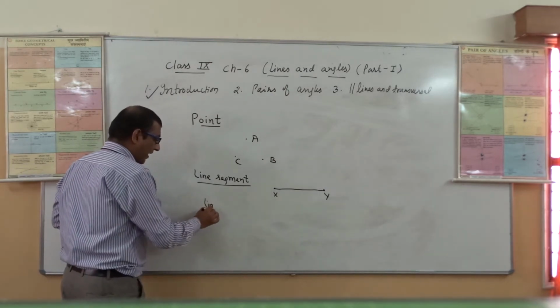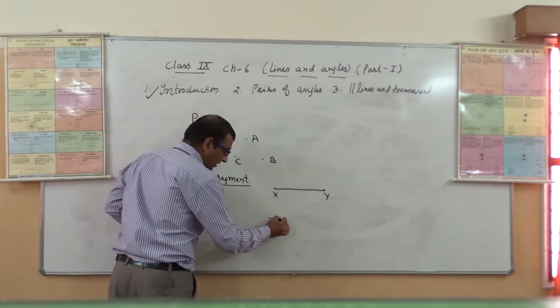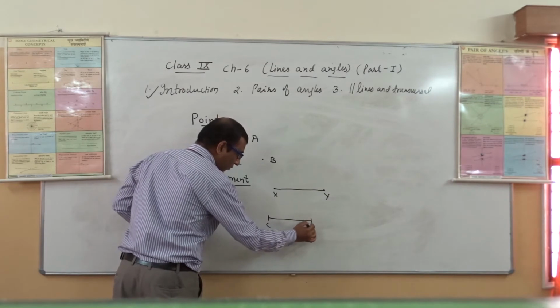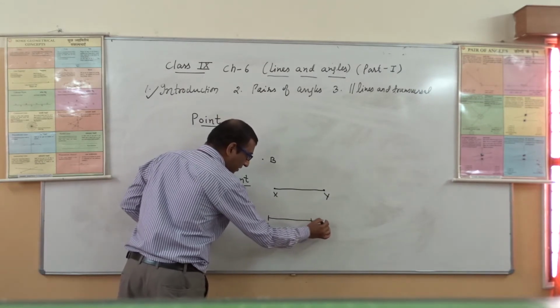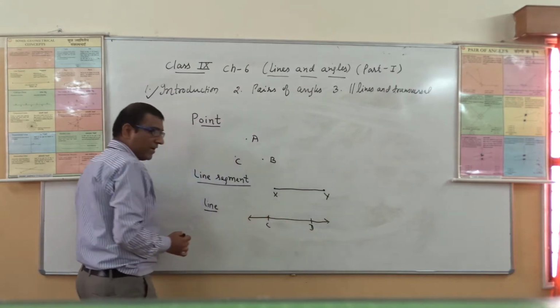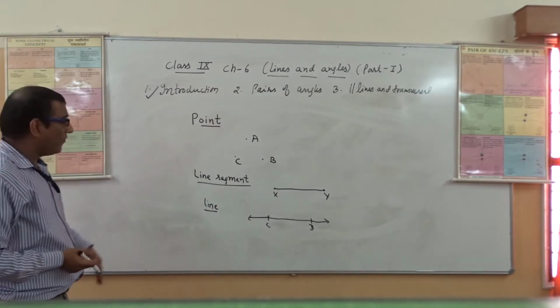Then what is the meaning of line? For example, if this is point C and this is point D, and we extend it in both directions, endlessly on both sides, then we can say this is the concept of line.